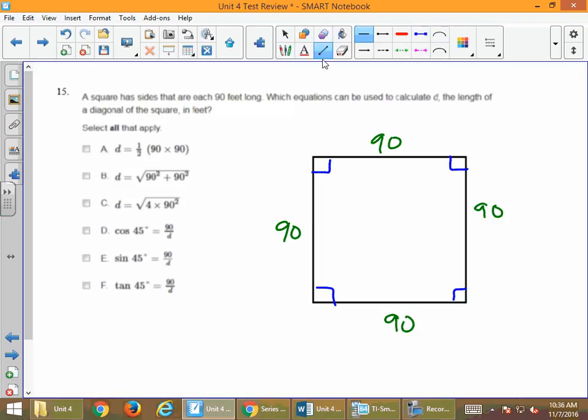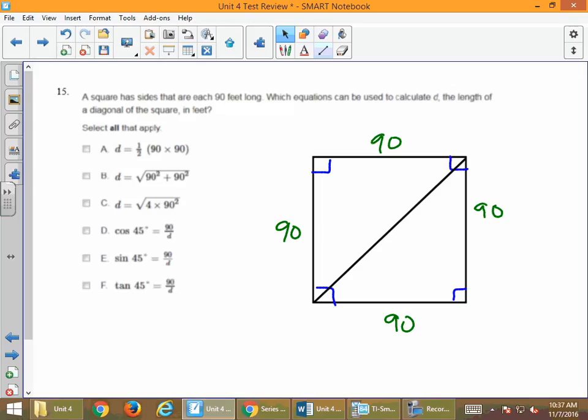So I'm going to go ahead and draw that in. And what's that diagonal doing to those angles? Yeah, bisecting them, good. We're cutting it in half. So what's half of 90? 45. So these angles are 45 degrees, 45 degrees.